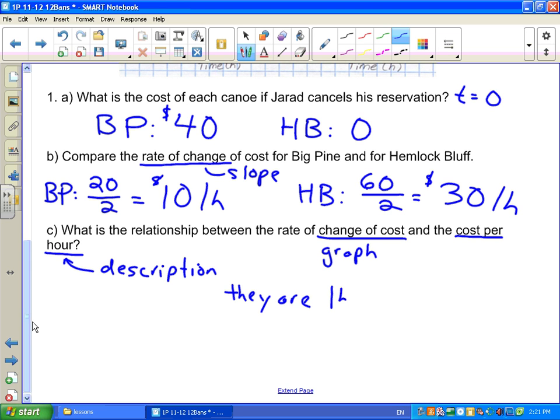They are the same. Now let's take a look at the next page.